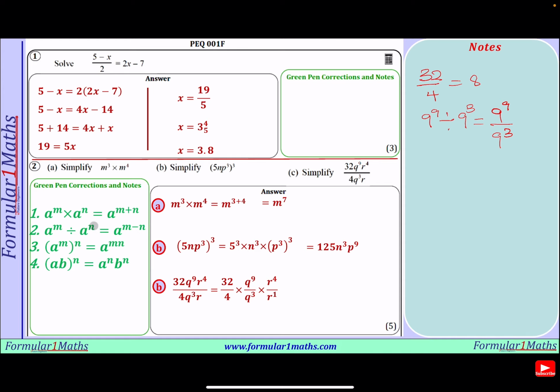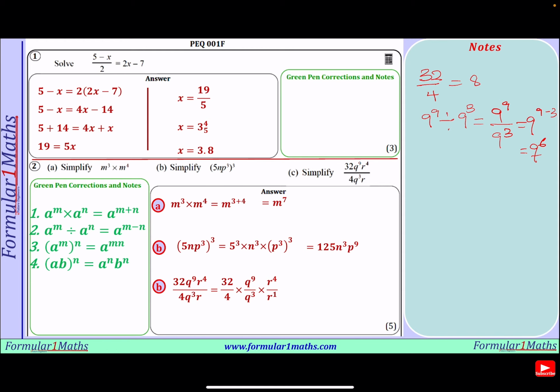So we go and subtract the powers as we can see here. And if you do that, we get q to the power 9 minus 3, and that is q to the power 6.